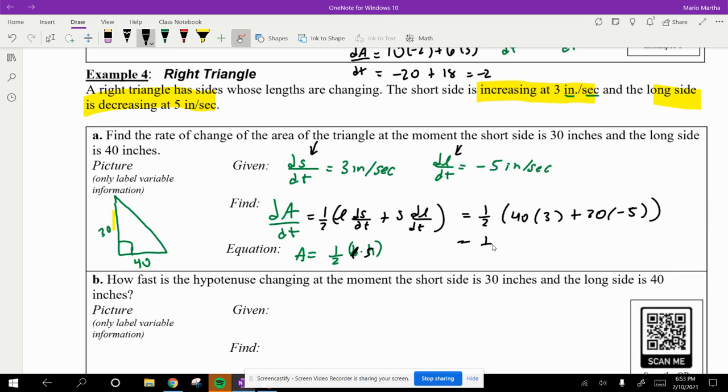Again, simplify that, you get 1/2 times 120 minus 150. You get half of negative 30. So that would be negative 15.